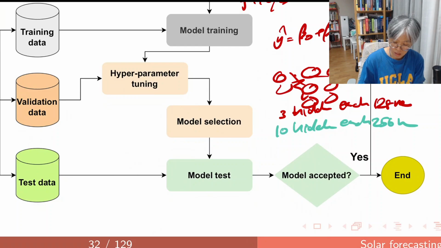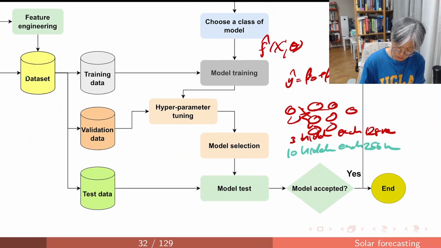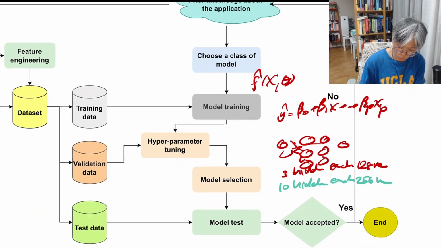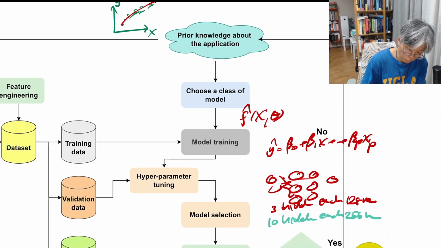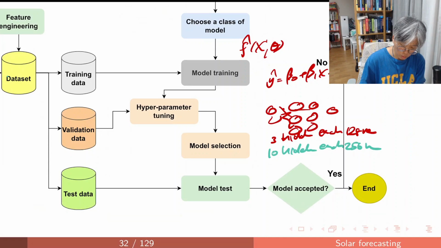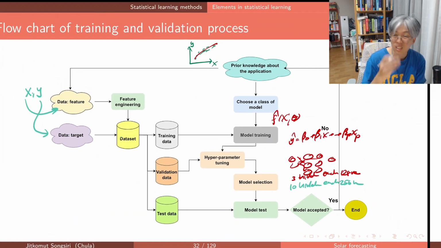If you don't accept the model, you go back and come up with a way, maybe modify the class of the model, or pick another method. So we rely on this flowchart, and when we talk about technical details of each forecasting method, I will refer back to this flowchart again.